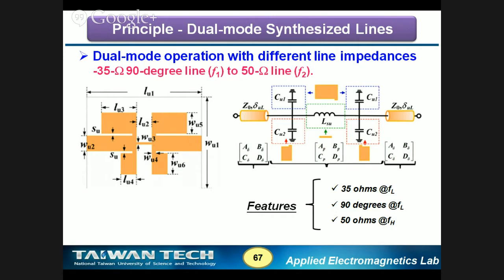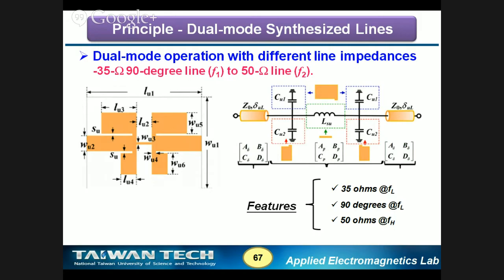Now think about these topologies. The connecting line should be taken into account. If you think about the connecting line and the whole topology, it is actually just a simple pi model. For this pi model, we have three unknowns. The first unknown is the inductance.